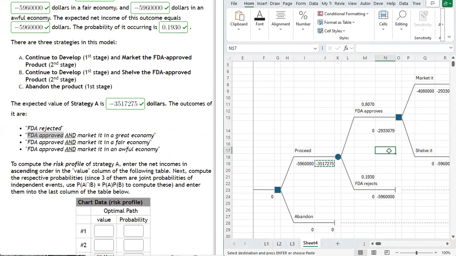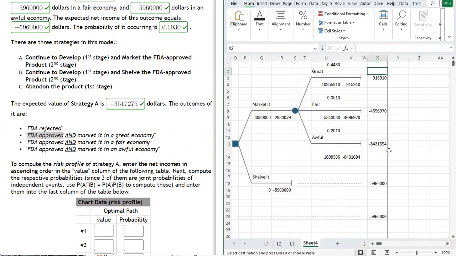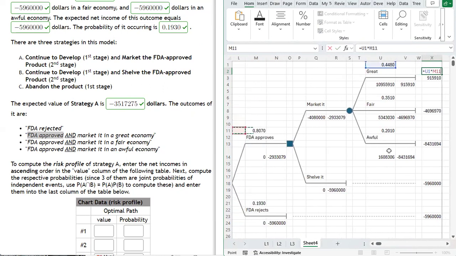To calculate the risk profile, we're going to come out here on the far reaches of the decision tree. I'm going to calculate the probability of FDA approval and market it in a great economy. In order to calculate that, you need the intersection rule for probabilities. We're going to take the probability that the economy is great and multiply that by the probability of FDA approval.